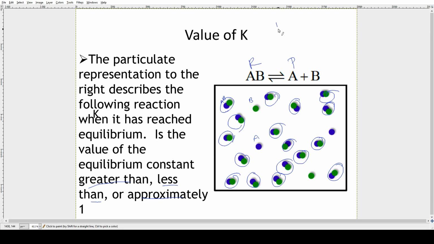So that means I'll have little tiny product over big giant reactant concentrations, which means I'm going to have a fraction that's very, very small. So this is going to be a K value that is less than 1. And if it's less than 1, that means it is reactant favored.